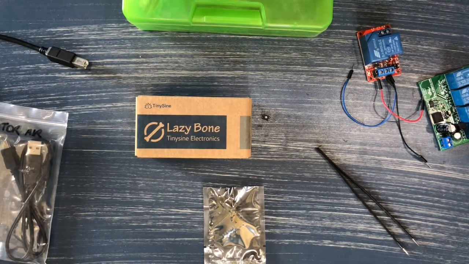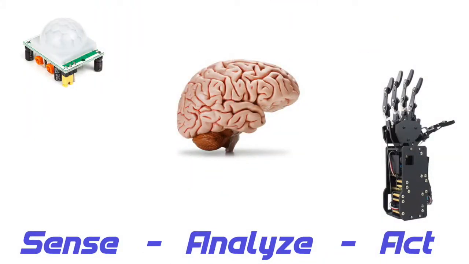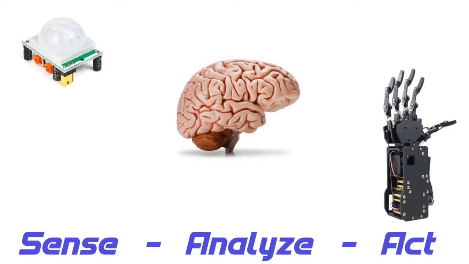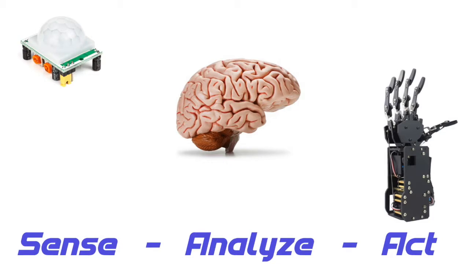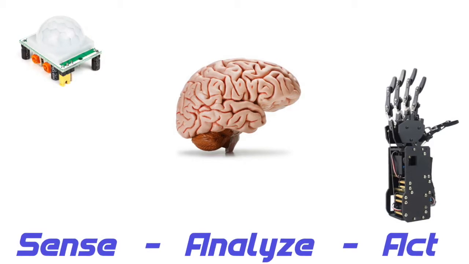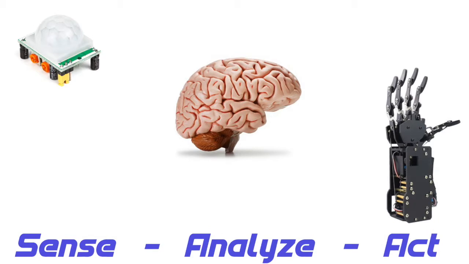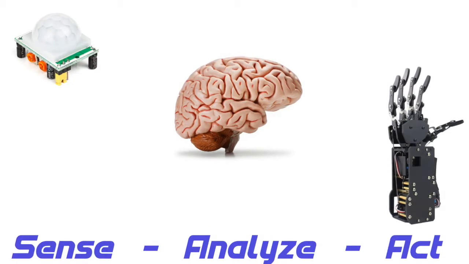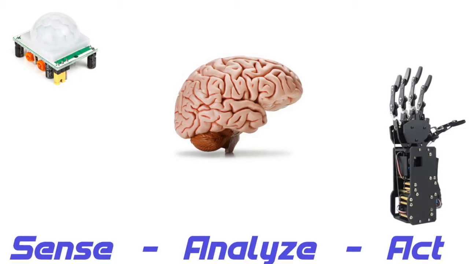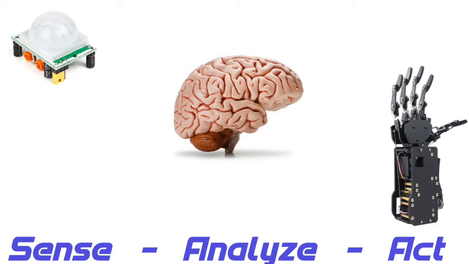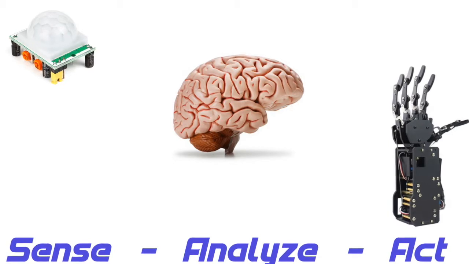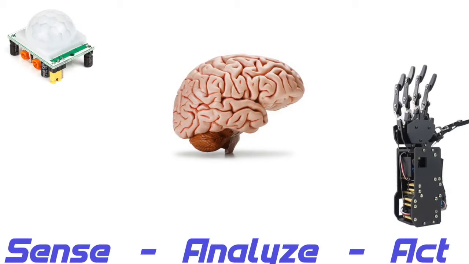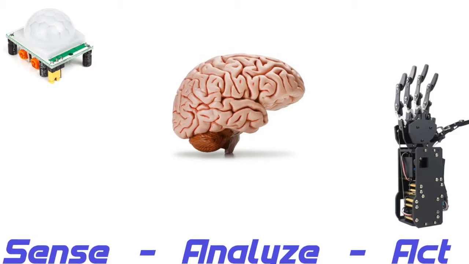Okay, so we looked at relays, we looked at Wi-Fi shields, motors, LEDs, and in the end we looked at more consumer-grade devices such as the lazy bone and the motor air, which come pre-programmed with certain commands that you have to send them in order to make them active or not, and they usually come with some mobile app or some kind of software interface that is used to send those commands.